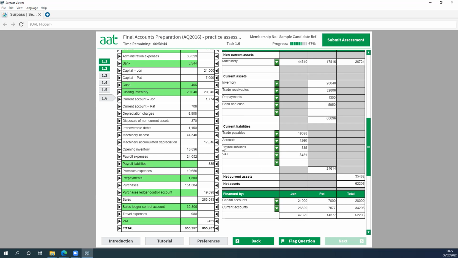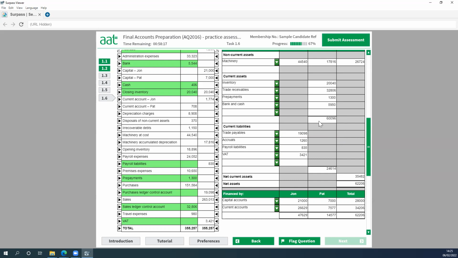So that's our total current liabilities, okay? So that gives us 24,614. Current assets minus current liabilities is known as net current assets or working capital, okay? So working capital, we've got 60,096 current assets, and we've got current liabilities of 24,614.